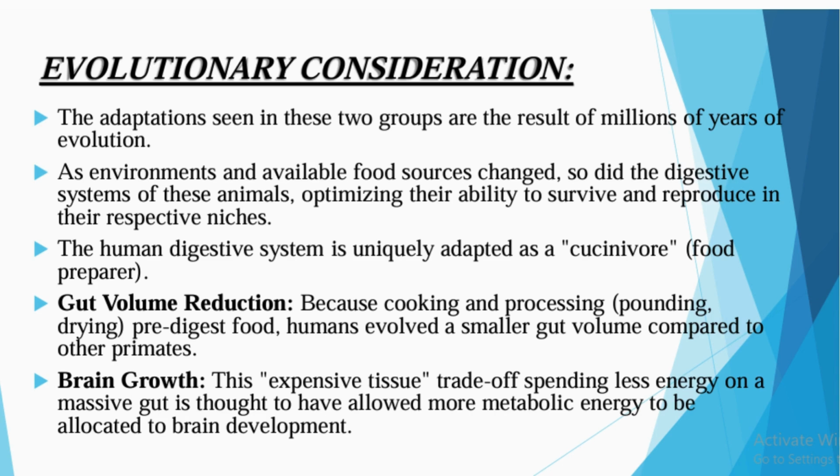Gut volume reduction, because cooking and processing pre-digest food, humans evolved a smaller gut volume compared to other primates. In the case of brain growth, this is the expensive tissue trade-off: spending less energy on a massive gut is thought to have allowed more metabolic energy to be allocated to brain development.